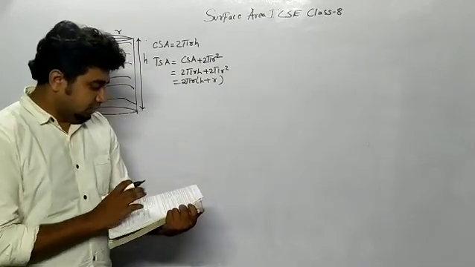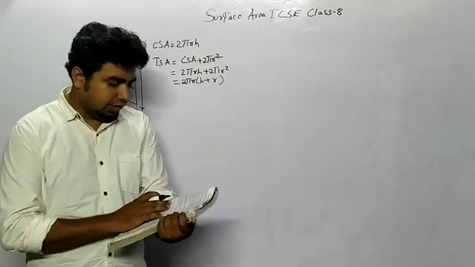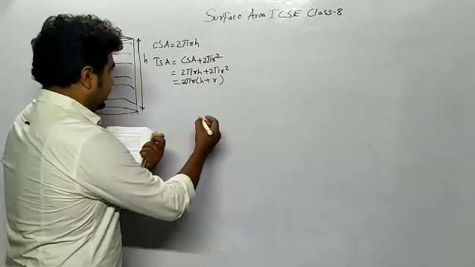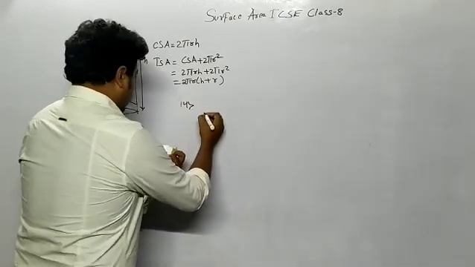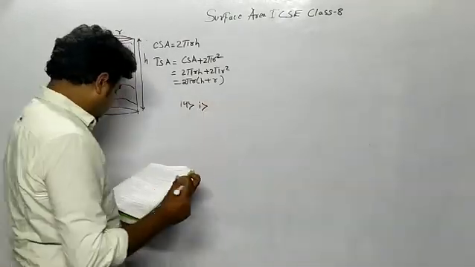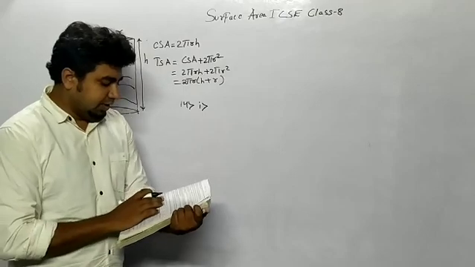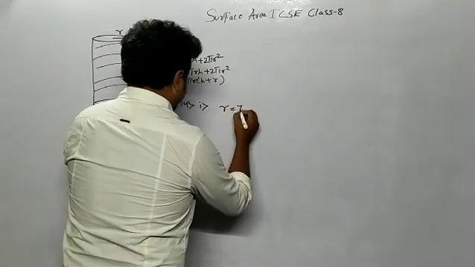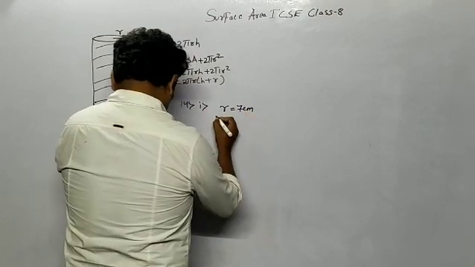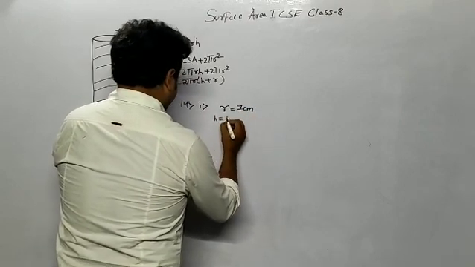In the questions, first of all, let's take question number 14. First part I am going to solve. It is given that the radius is 7 centimeter and the height is 12 centimeter.